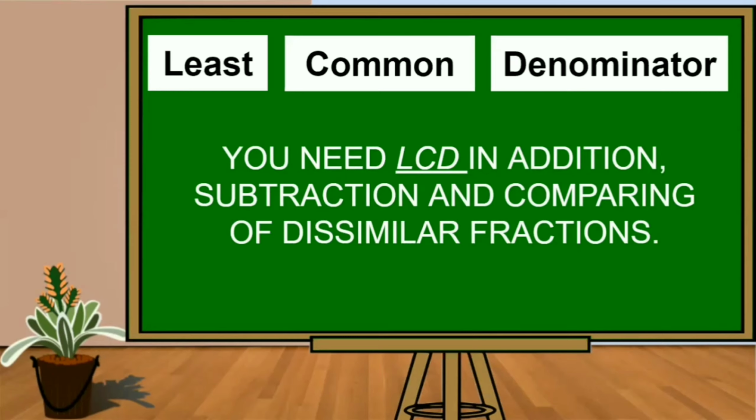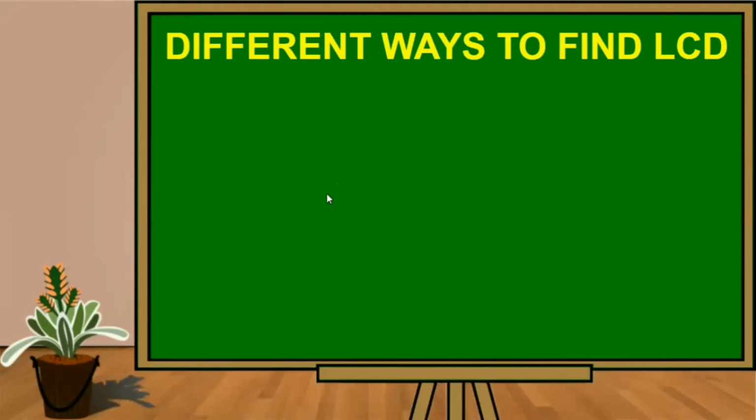Because if the fractions are dissimilar, you need to convert it first to similar fractions and you will be needing the LCD. Mas maiintindihan nyo yung similar and dissimilar fractions kapag nandun na tayo sa lesson ng fraction. So, magkakaroon din ako ng math tutorial about addition and subtraction of fractions and also multiplication and division of fractions. But for today, my focus is to discuss to you the 3 different ways to find the LCD.